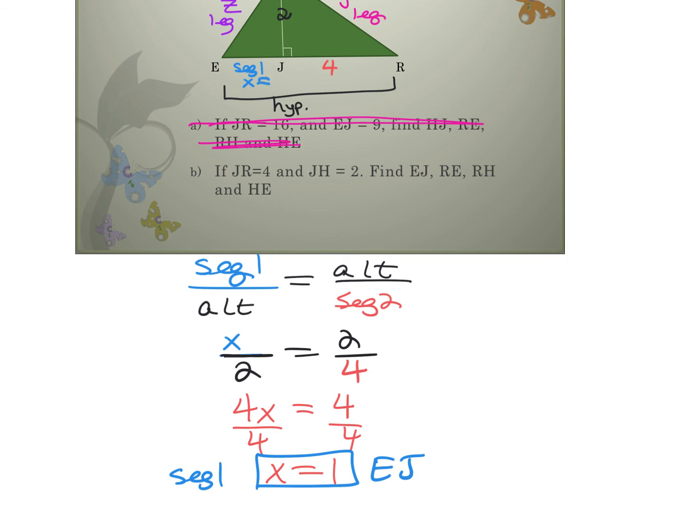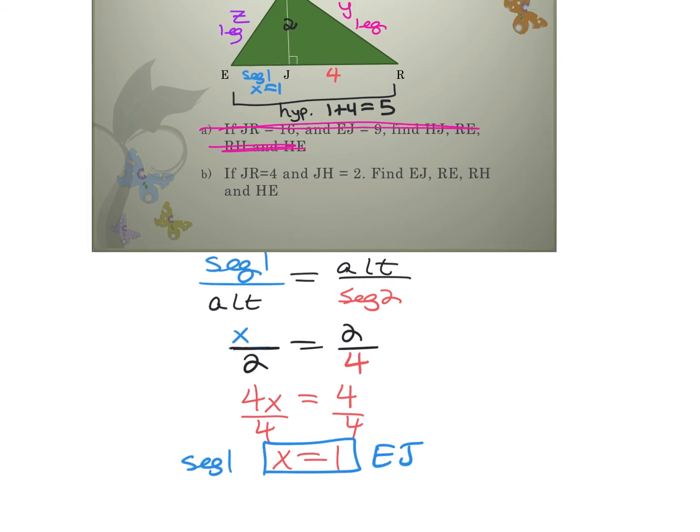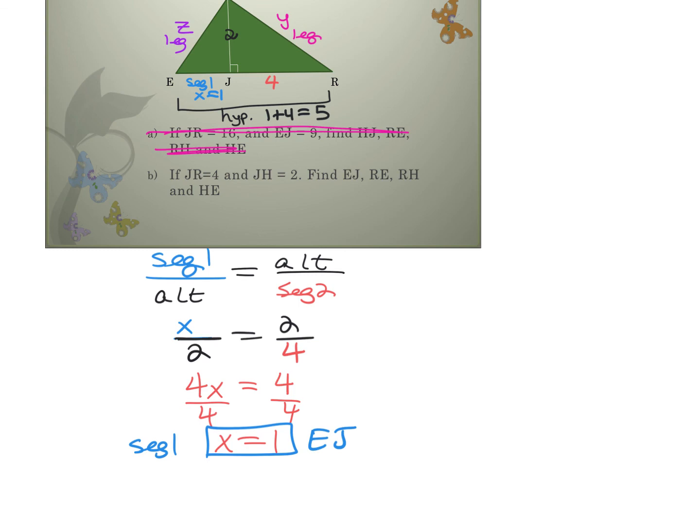So this is now equal to 1. So my hypotenuse is 1 plus 4. So my hypotenuse is 5. And that is the RE. So this is 5. And then I just did EJ, and that was 1.